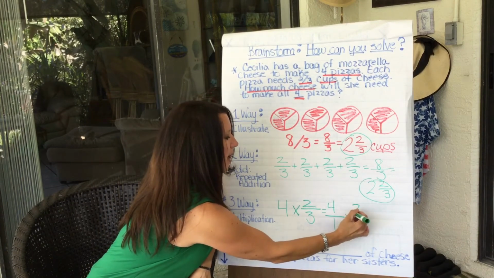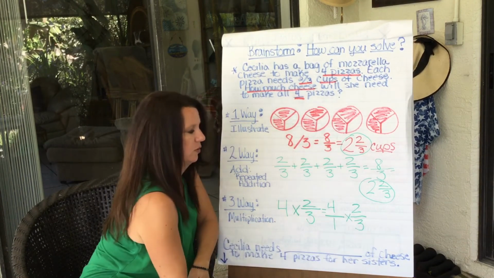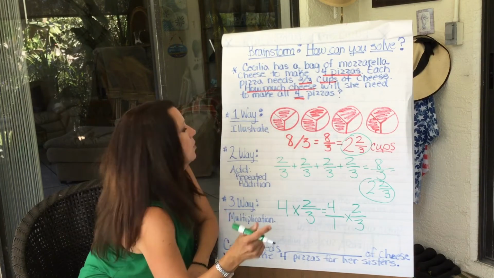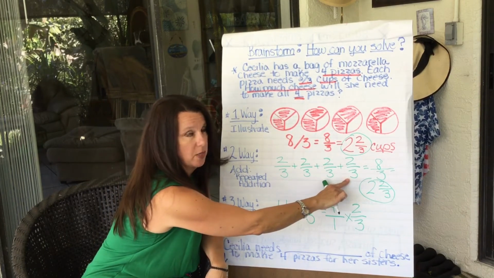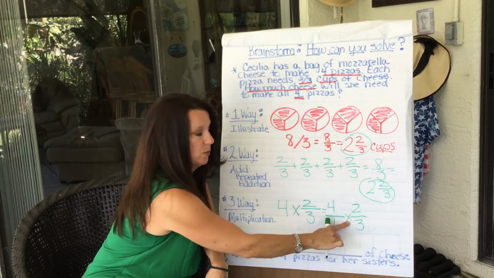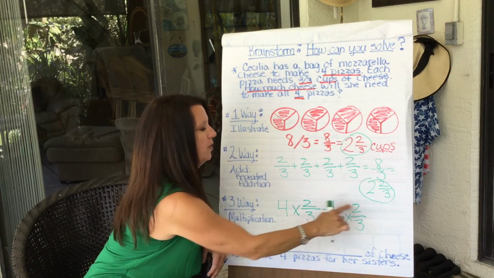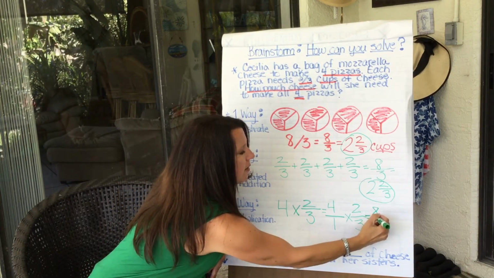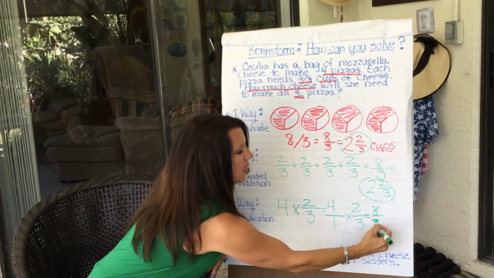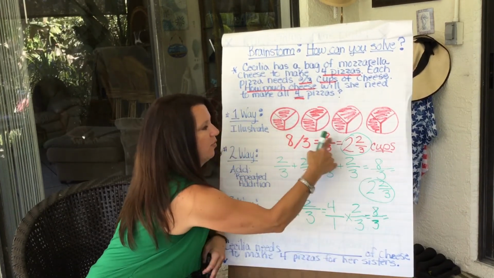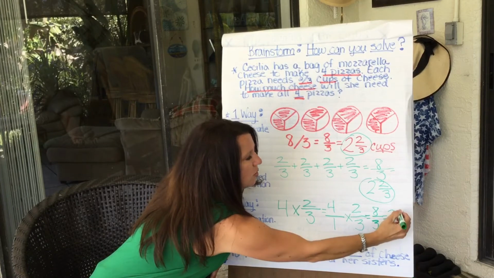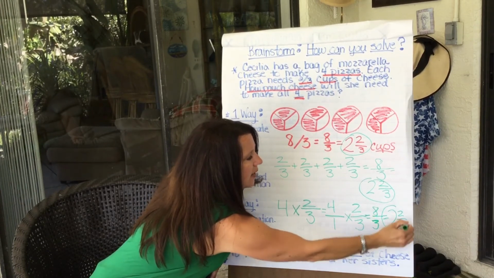And then we would multiply it by 2/3. Again, now we're in multiplication. So here we didn't change the denominator because it's addition. Here it's multiplication, so we are. So 4 times 2 is 8. 1 times 3 is 3. And again, we got 8/3, just like here. So 2 and 2/3 again.